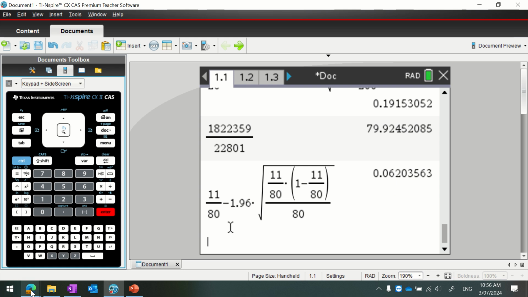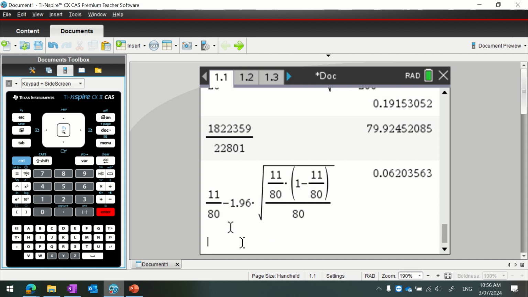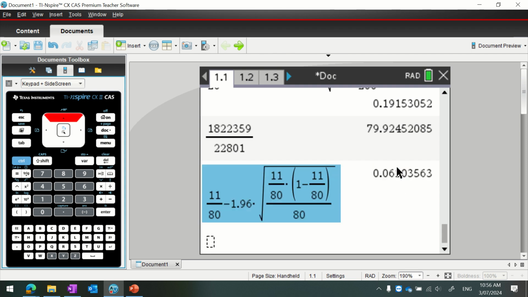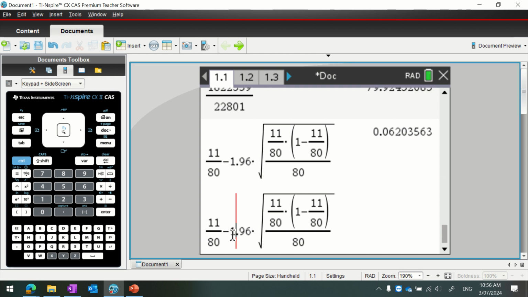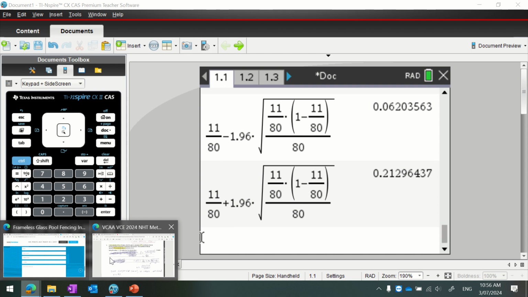That's the left endpoint of the confidence interval. If you round this to 3 decimal places, you're going to get 0.062. 0.062 is the correct answer on your test. We can also do a plus to find the right endpoint, 0.213.